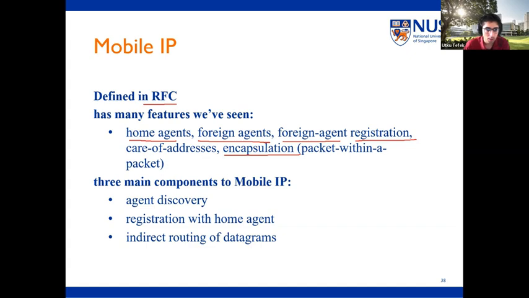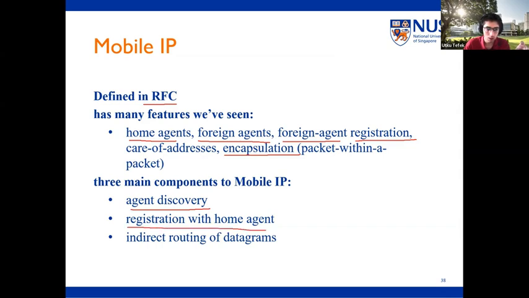And there are three main components to mobile IP. The first one here is agent discovery, and it defines the protocols used by home agents and foreign agents to advertise their services to the mobile nodes. And also it defines the protocols for mobile nodes to request the services of agents.